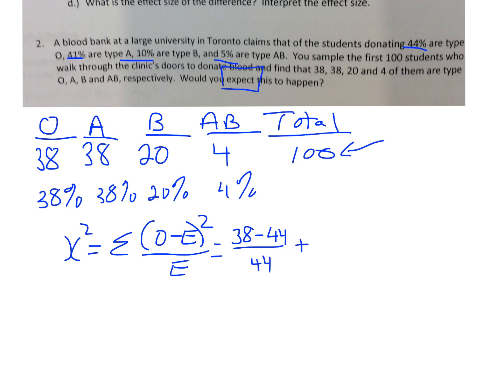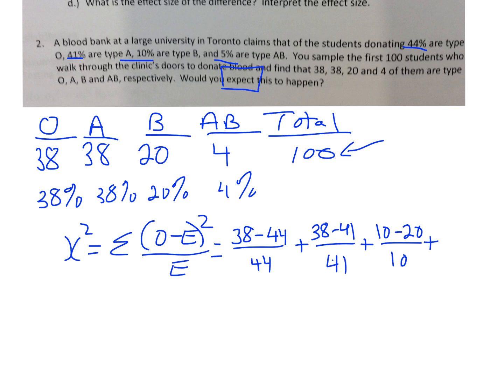Then we're going to add observed minus expected for the next blood type, type A, and they were expecting 41% for that one, and they observed 38, so we'll do 38 minus 41 over 41. We're going to keep going. For type B, we were looking at 10%, and what we actually observed was 20. And so we're going to put that over 10 for the expected. Oh, I think I made a mistake. I'm sorry, that should have been 41.